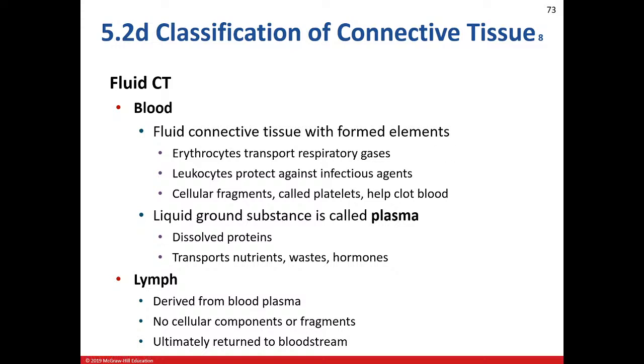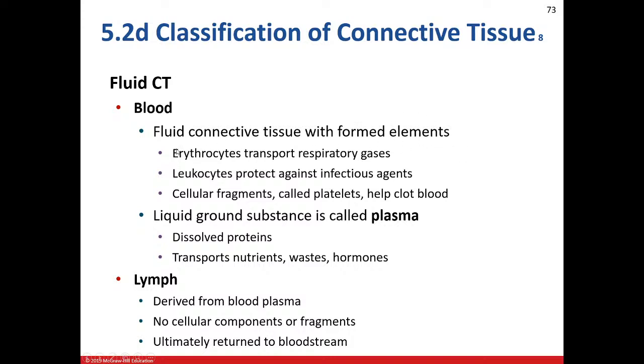Our last type of connective tissue is the fluid connective tissue, and there's only one fluid connective tissue, depending on which textbook you read, and that's blood. Some will also include lymph. All right, now blood is a fluid connective tissue that has formed elements in it, and the formed elements are the cells.